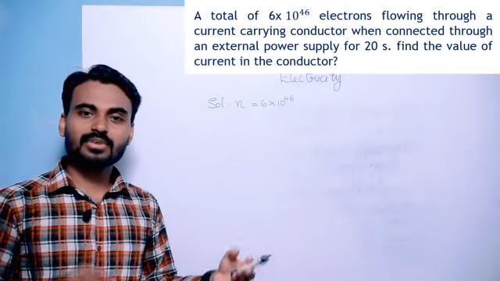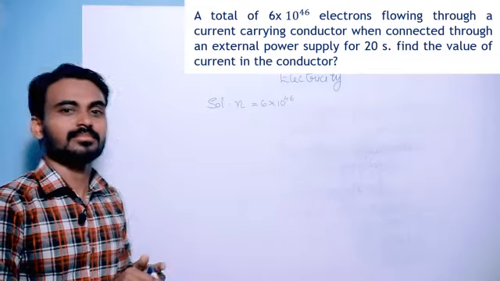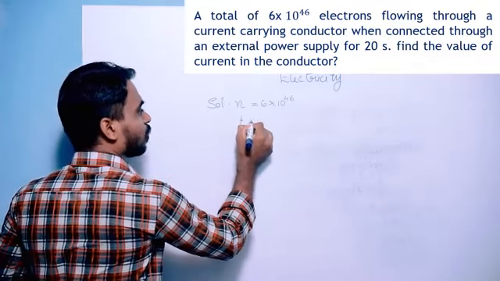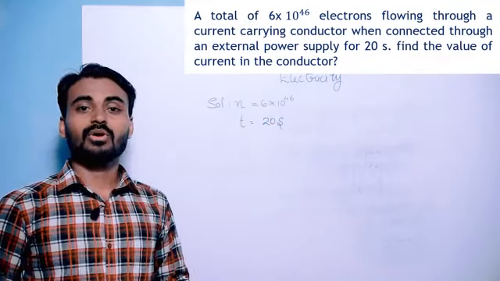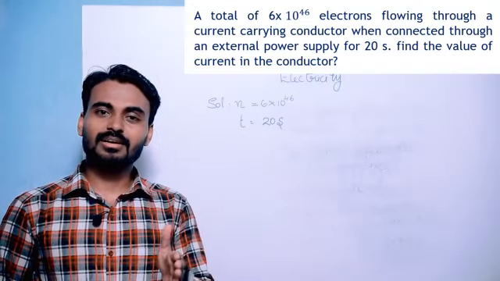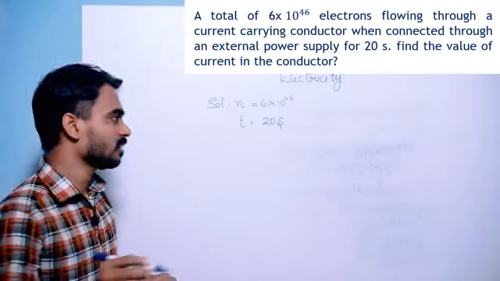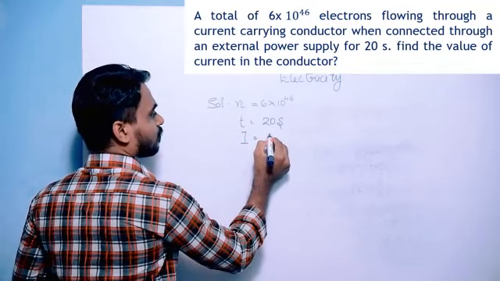Next, the quantity is given as 20 seconds. Second is a unit of time. So time T is given. T is equal to 20 seconds. And what we need to find out? We need to find out the value of current flowing through the conductor, isn't it? That is I we need to find out.